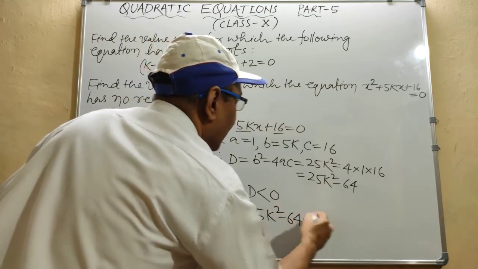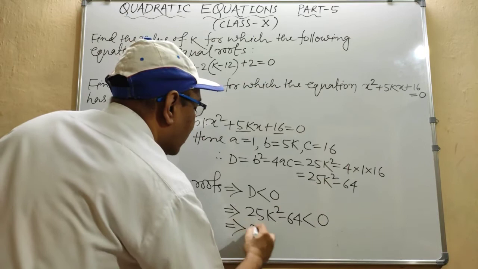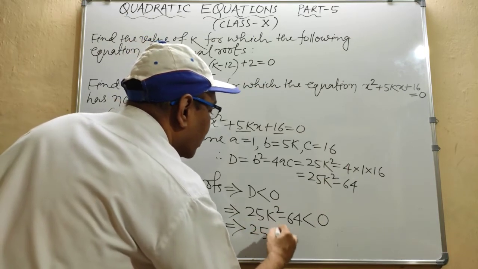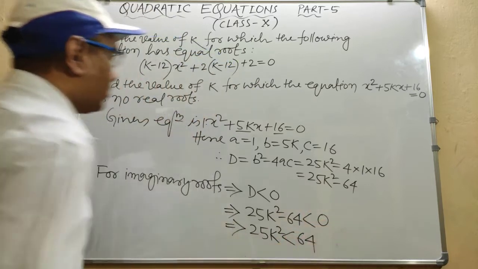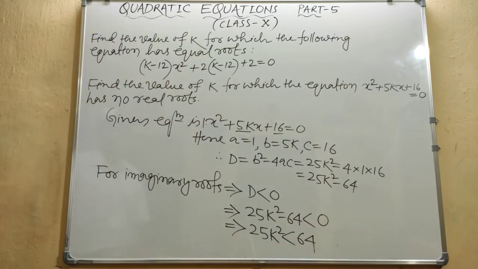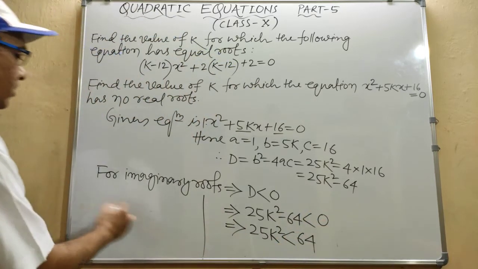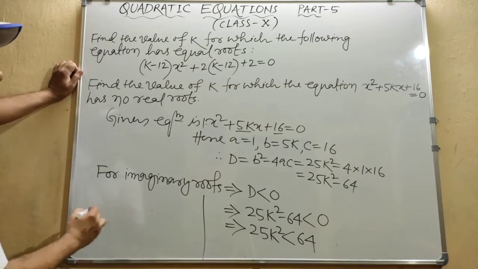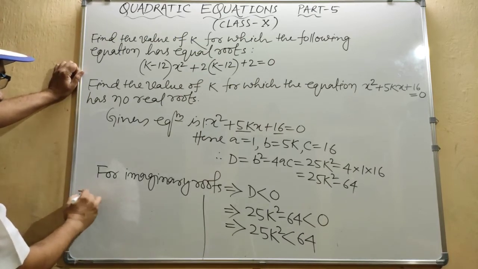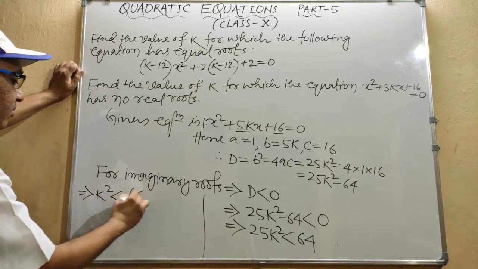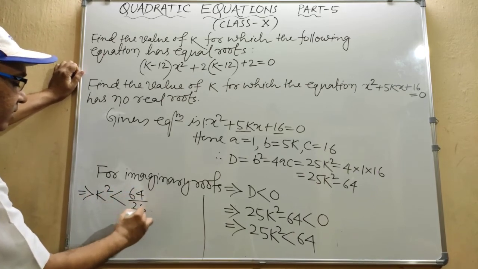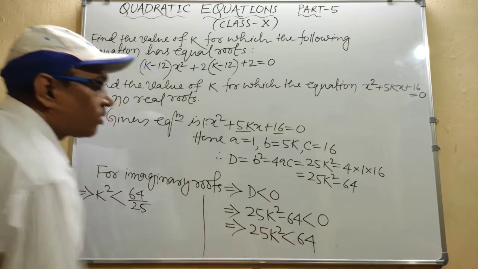This must be negative. It means 25k square should be less than 64. This 64 will go to that side, is not it? Now you will see here, and we can write this implies k square is less than 64 by 25. This 25 will go down.